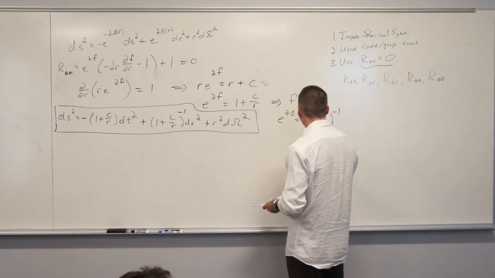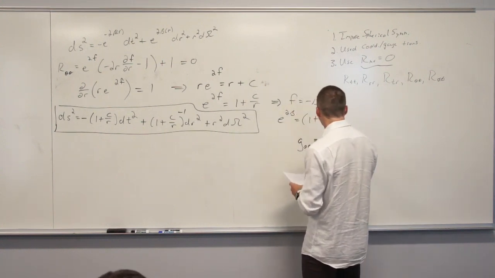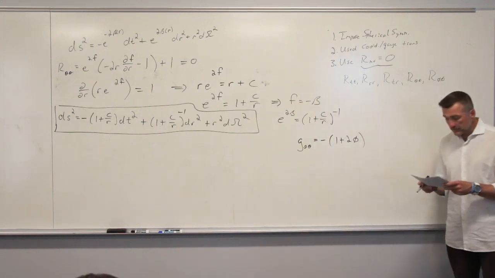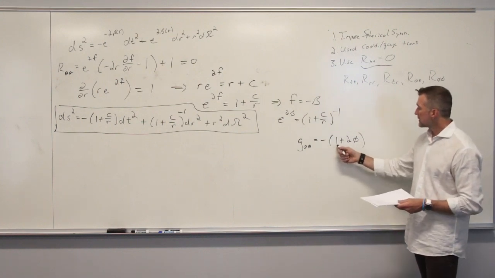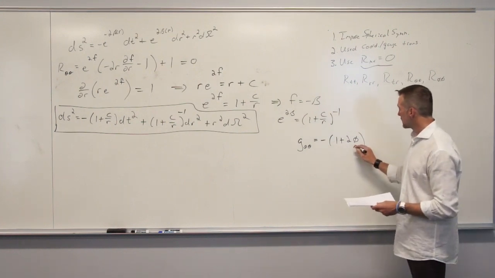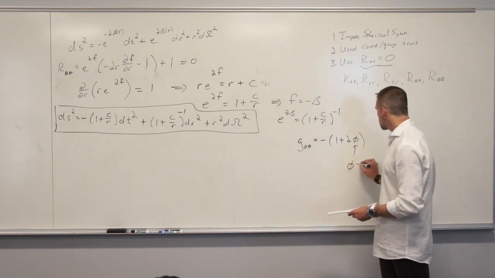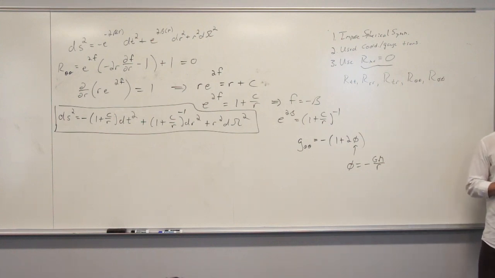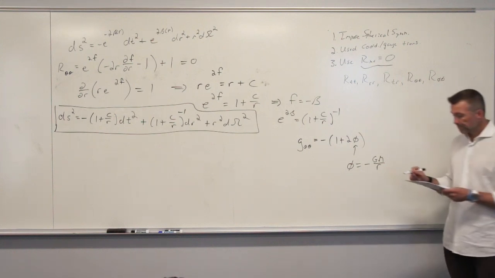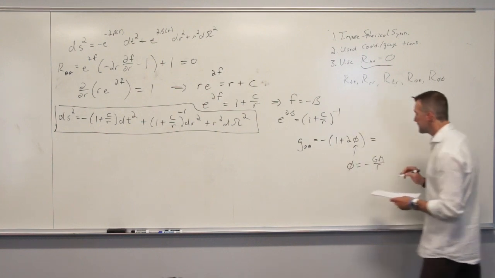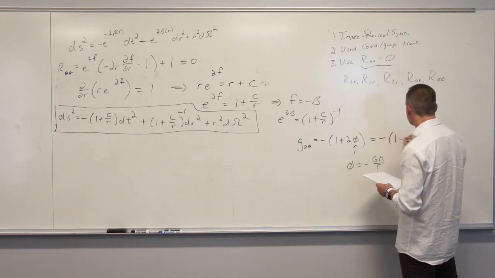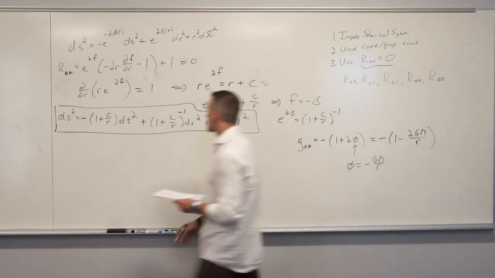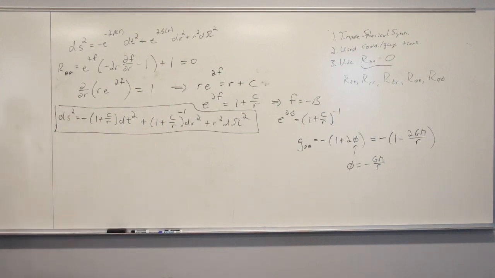And in that, we had to make the following identification, that the theta-theta component of the metric, which is minus 1 plus 2 times this function here, that function there we just identified with the Newtonian gravitational potential, minus GM over r. But in the present context, that just tells us that the theta-theta component of our metric we should identify as minus 1 minus 2 GM over r.